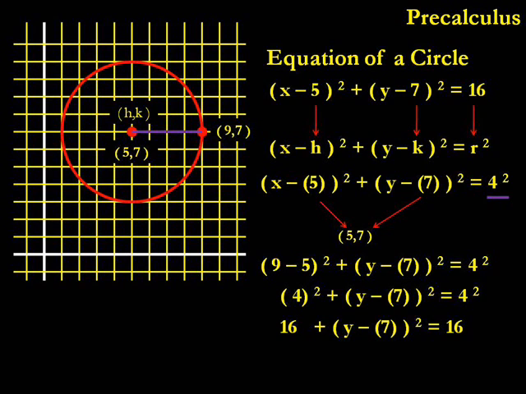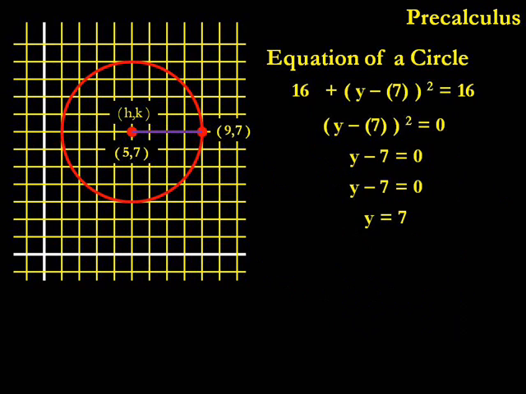And then we put in the 9 so that it's 9 minus 5 squared plus y minus 7 squared equals 4 squared, which is 16. Now we can solve for the y. When we put in that 9 for the x, we're going to solve for y. And this is just a way to check to make sure that your equation, the equation of your circle, is correct.